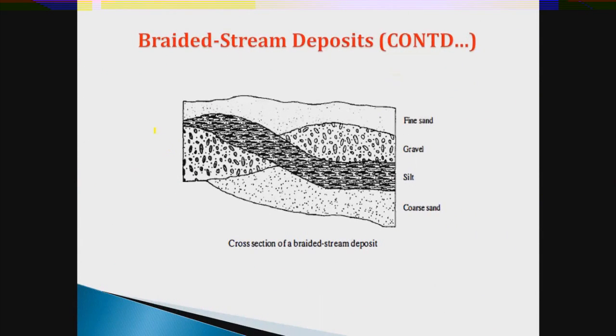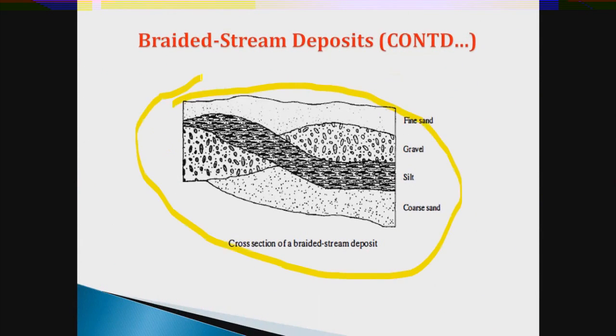Now you can see this is a cross section of a braided stream deposit, in which this zone is taken by the coarse sand, upon which you have a gravel layer, as mentioned here, and then the silt layer is embedded in this spiral form between gravel and coarse sand, and on top of that is the fine sand.